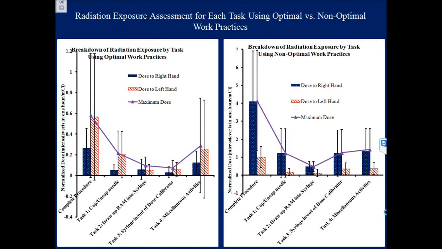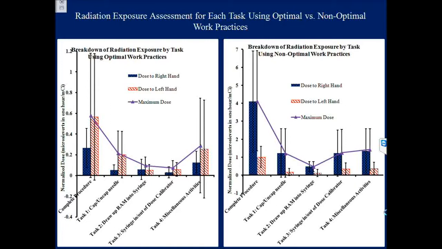And I think you can see that the left hand using optimal generally receives the higher dose, and the right hand receives the higher dose when you're using non-optimal. So when I put this together, I said, sure, maybe faster, but at what cost when you use non-optimal?